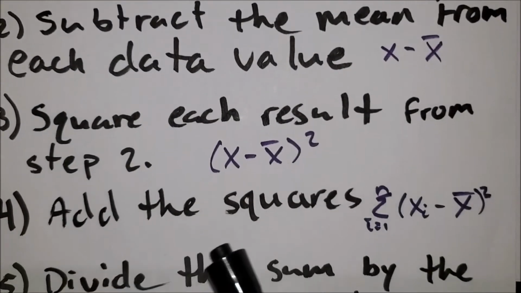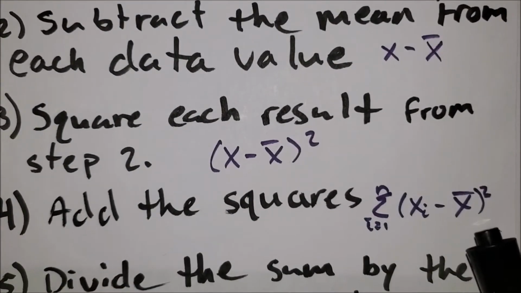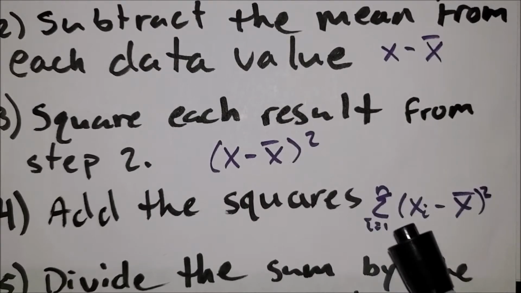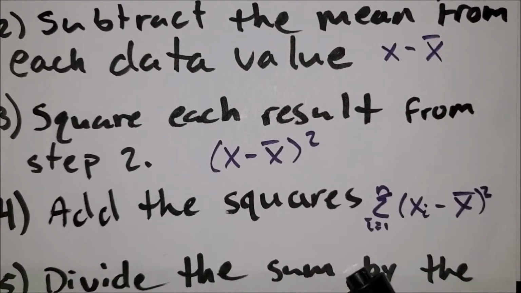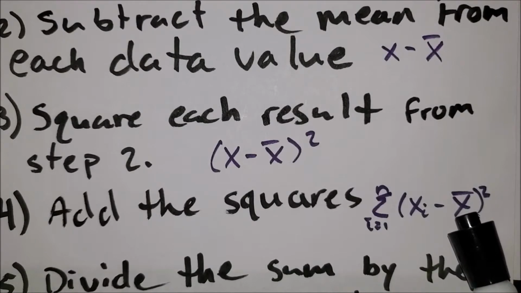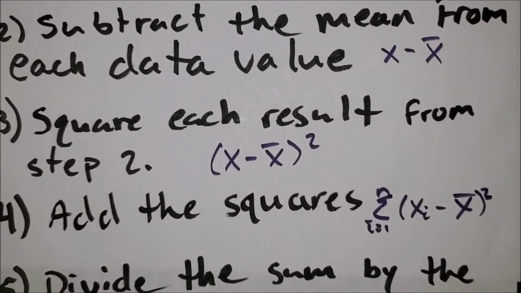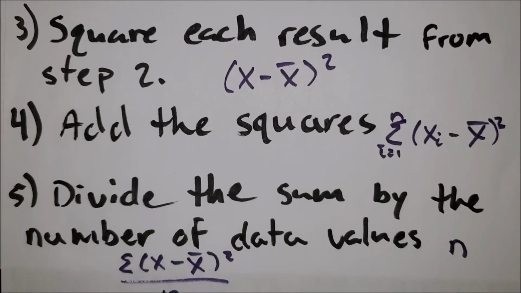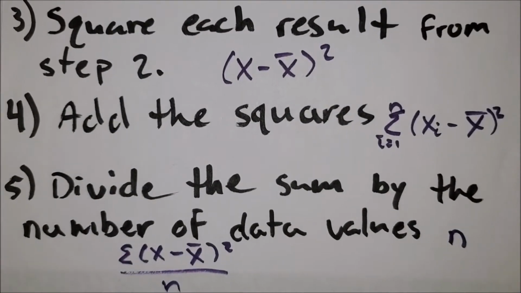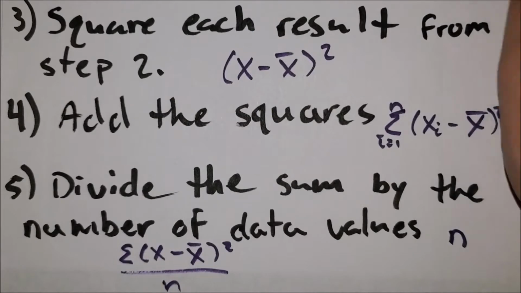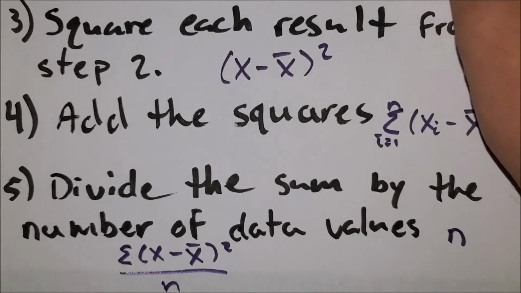We're going to add up all of these squares. So this is a summation of every data value minus the mean, quantity squared, all added up. The next thing we're going to do is divide that sum by the number of data values, which is usually indicated as n.